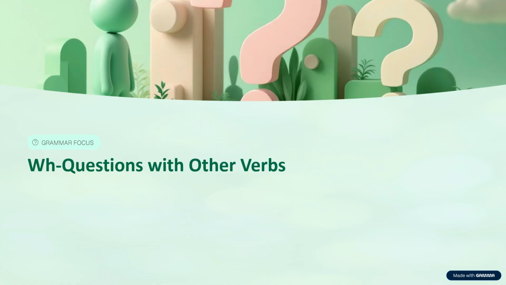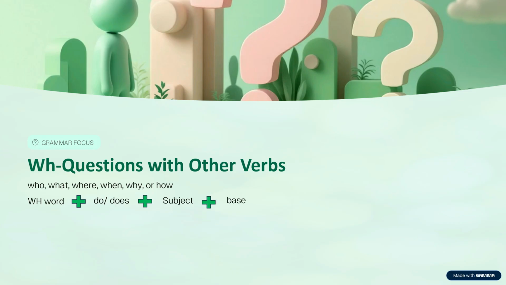Now let's look at WH questions with other verbs in the simple present. These are questions that start with who, what, where, when, why, or how to ask for specific information. The structure is simple. We start with the WH word, then add the auxiliary verb do or does, followed by the subject, and finally the main verb in its base form.